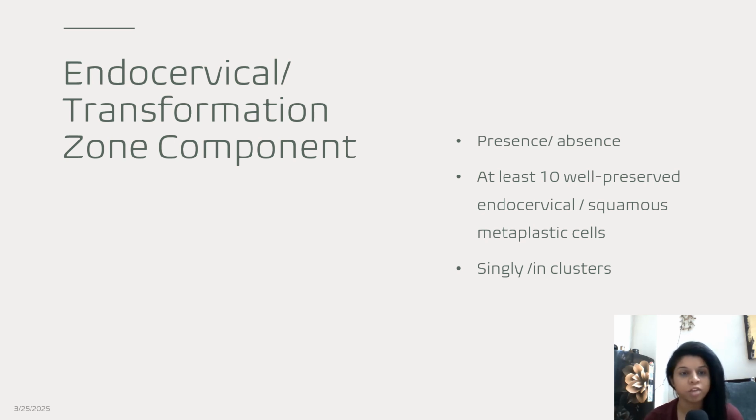It doesn't mean that every slide which doesn't have a transformation zone component is premalignant. Just that some studies showed that there is more chance that they might be. Okay, but Bethesda has said that presence or absence should be reported.